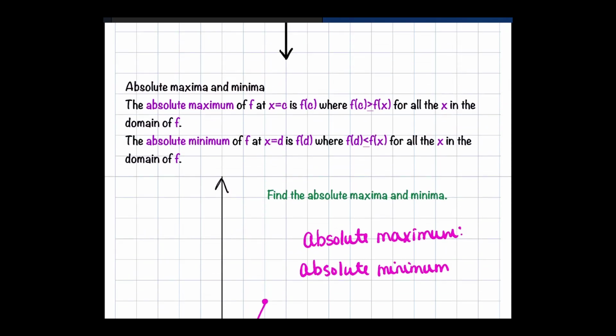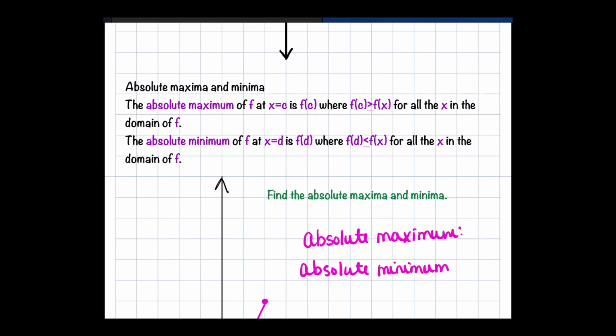If you look at the definition, it says that for the function f at x equals c, if f of c is greater than or equal to f of x for all the x's in the domain. So over the whole domain, is there an f of c that is greater than all the other x's? Then that would be the absolute max.